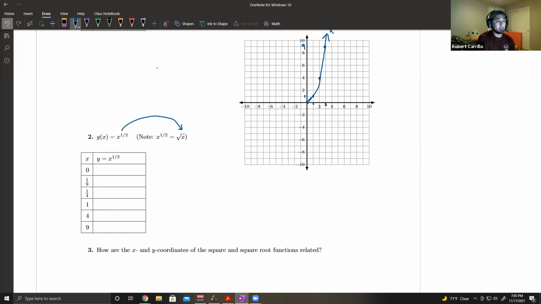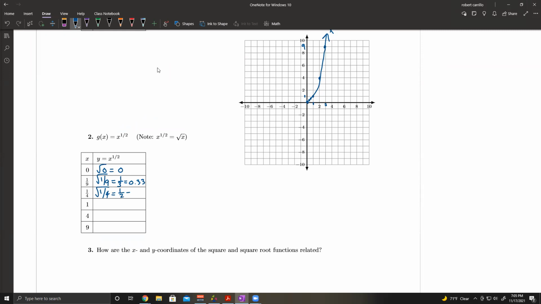So when we do that, you will get the square root of 0, which is 0. You'll get the square root of 1/9, which gives me 1/3, which is 0.33. We'll get the square root of 1/4, which gives me 1/2, which gives me 0.5.